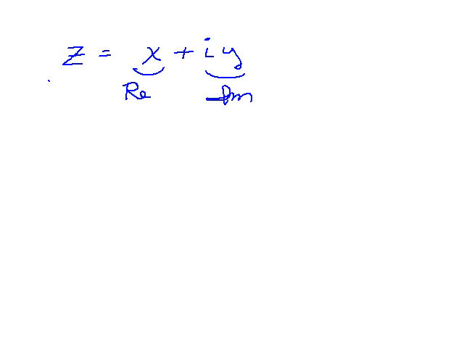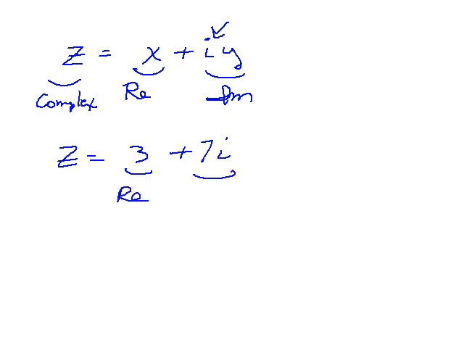And those two parts make up a complex number. The i here signals that this is the imaginary part of the number. There's no i associated with the X. That's the real part. For example, Z equals 3 plus 7i. This is the real part. Here is the imaginary part, and we have to keep them separate. Now the question is, what is i?